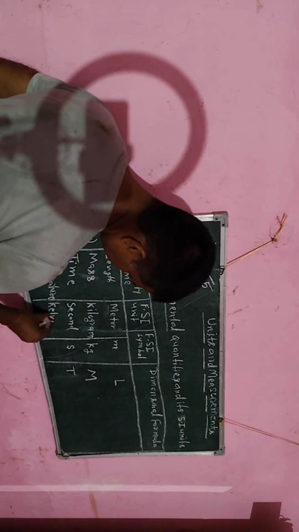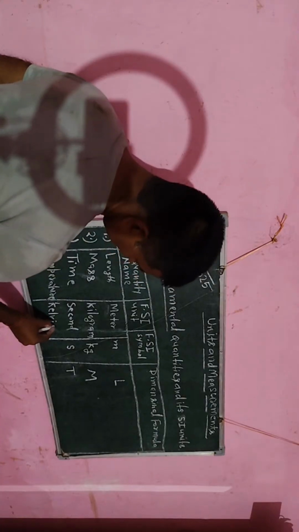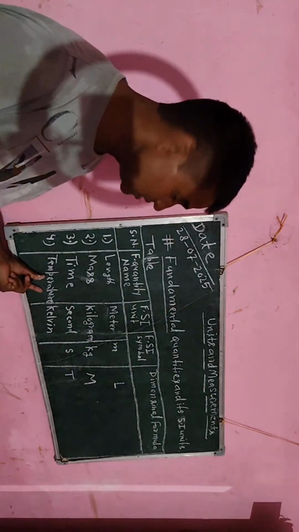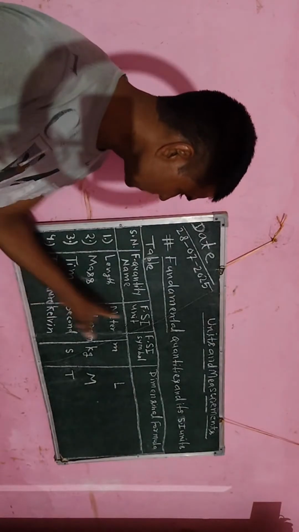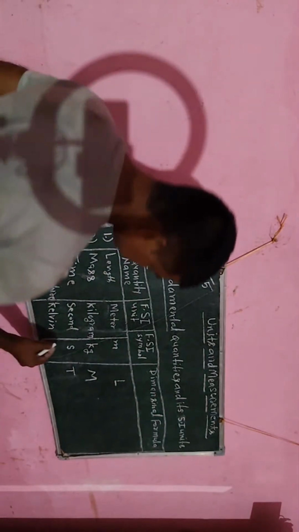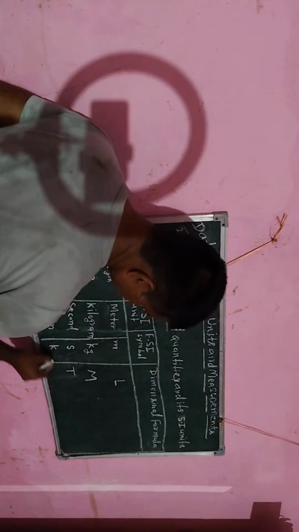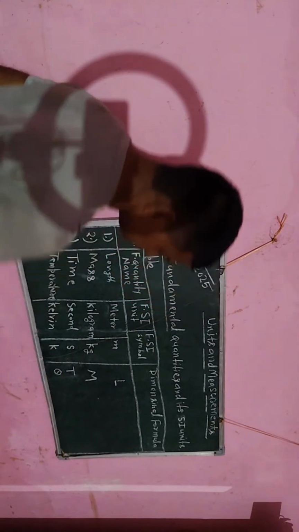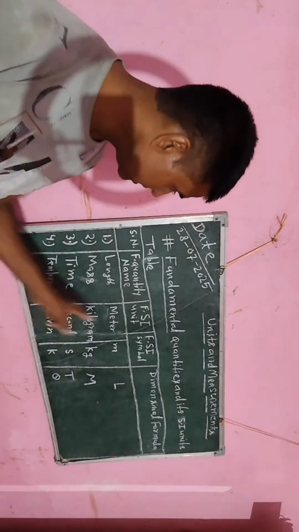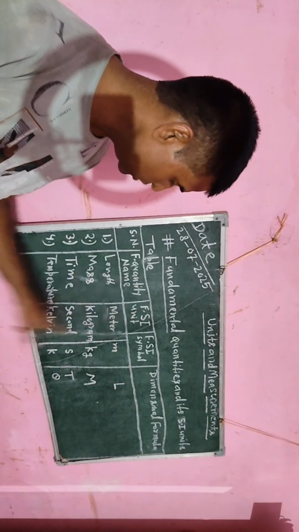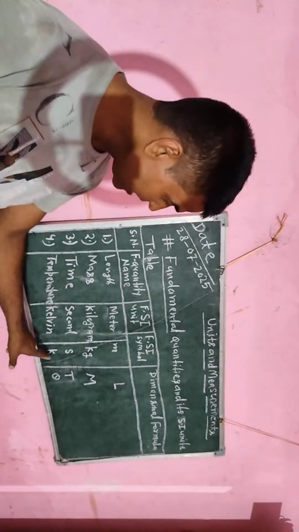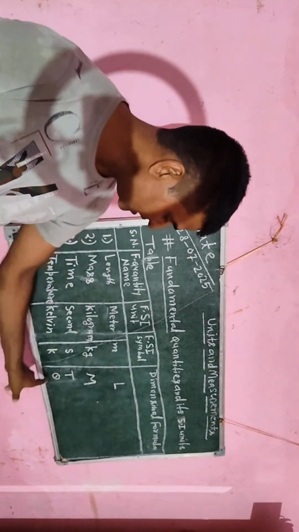Temperature is the fundamental quantity, and its fundamental SI unit will be Kelvin, and it has the symbol K, and its dimensional formula will be theta.